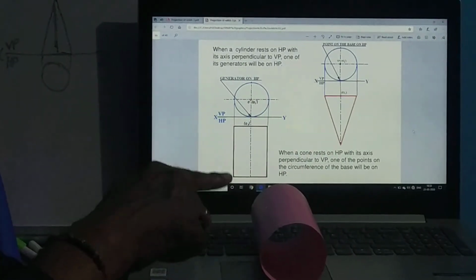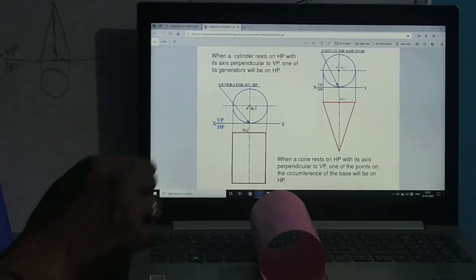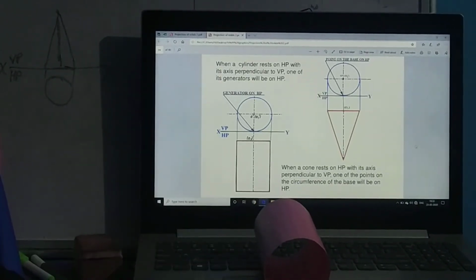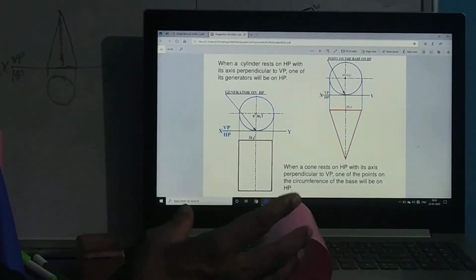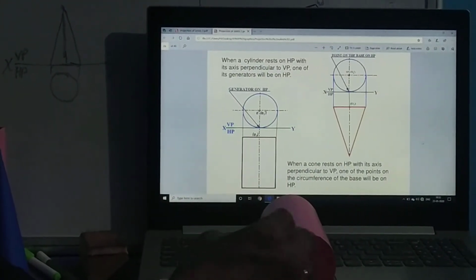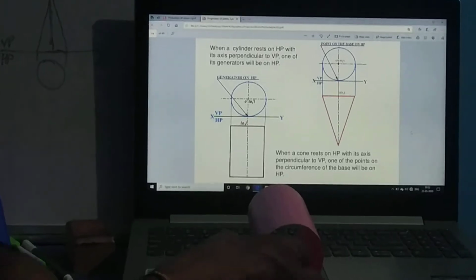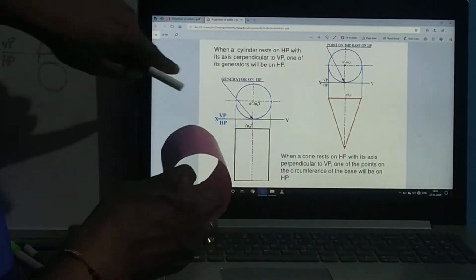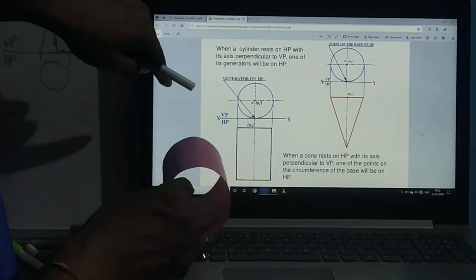If the solid is placed in this way, when you view from the front you get this circle, and the circle will be generated on the VP plane.